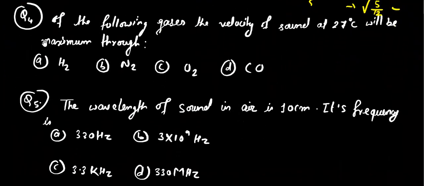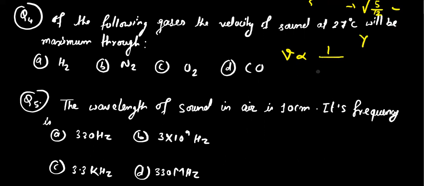Okay, this is question number 4. Of the following gases, the velocity of sound at 27 degrees Celsius will be maximum through. As we know, these are all given as diatomic gases, so we suppose that gamma is also constant.